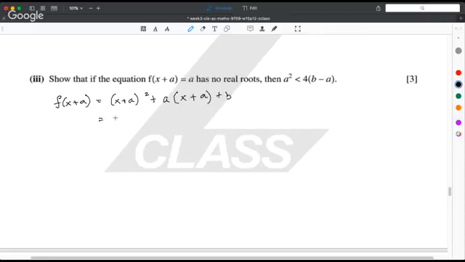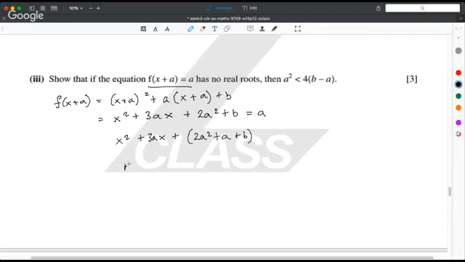So if we multiply this out, we get x squared plus 3 copies of a, x plus 2a squared plus b. And this is all equal to a. That's what the equation is. So that means that our quadratic that we had to solve is x squared plus 3ax plus 2a squared plus a plus b. And we're told no real roots.